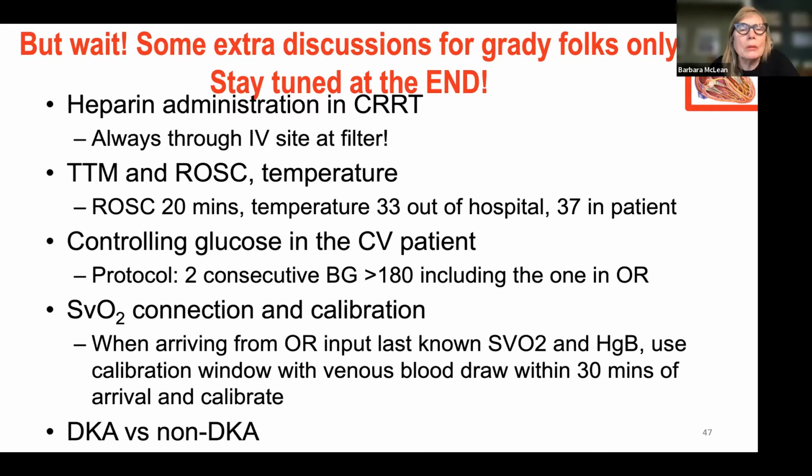We want to go back to what we did before, because before, we did about 45 to 50 patients per year in TTM, and we probably had 2 to 4 patients per year who had some good outcome, which is about what you expect. But now we've had almost 60 patients since we made this change, and we really haven't had any good outcomes. So that's why.